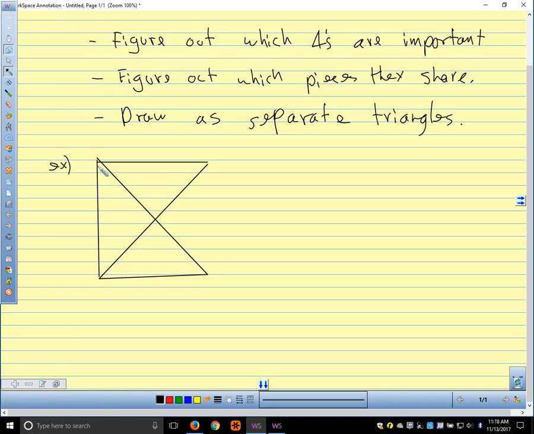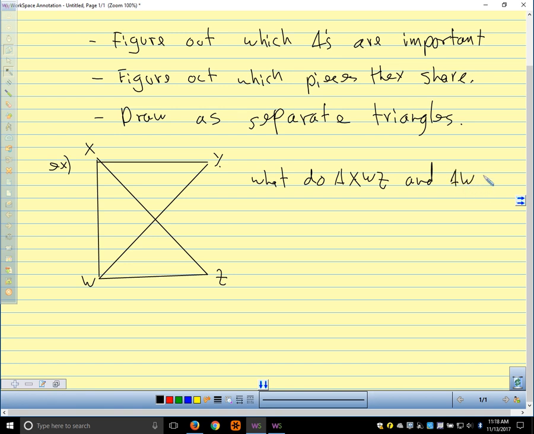I'm going to name these vertices X, Y, Z, and W. And the question is, what do triangle XWZ and triangle WXY share?